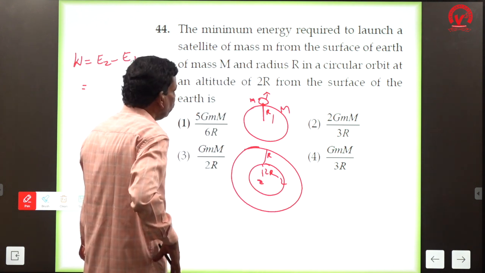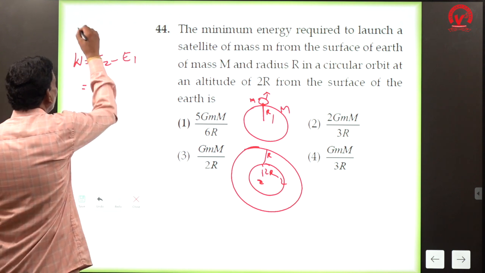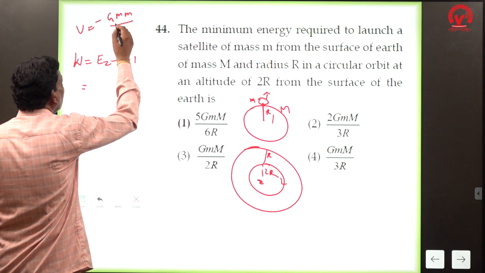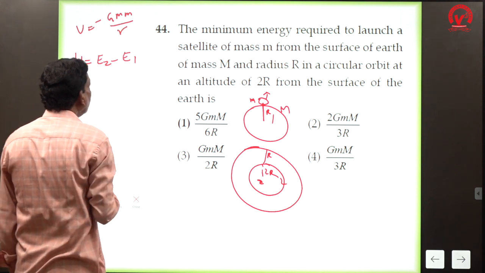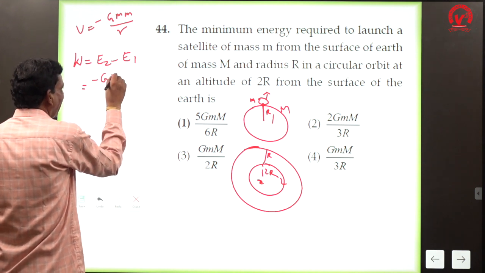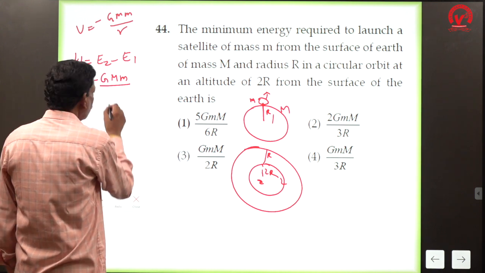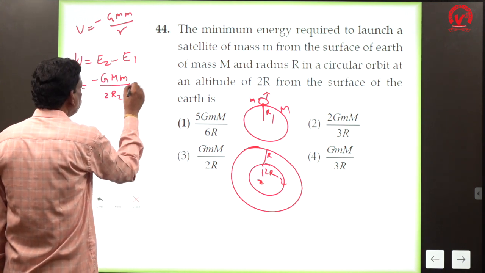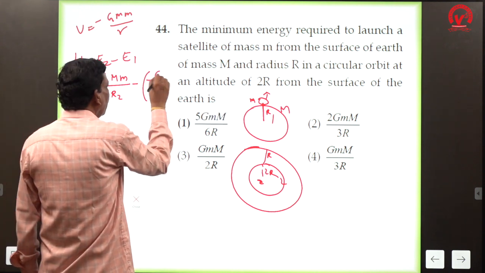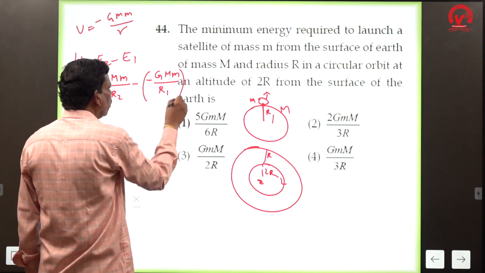We know the formula U is equal to minus G capital M small m by R. Then E2 is minus G capital M small m by R2, minus of minus G capital M small m by R1.